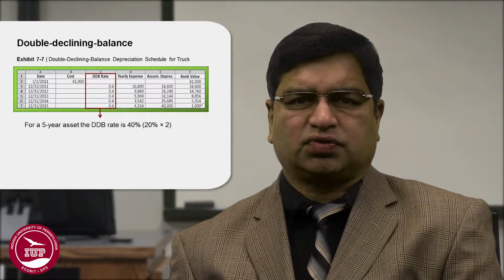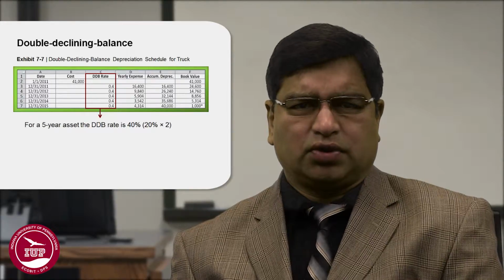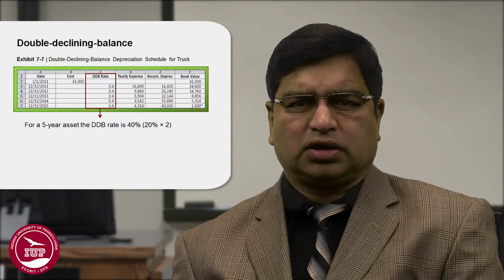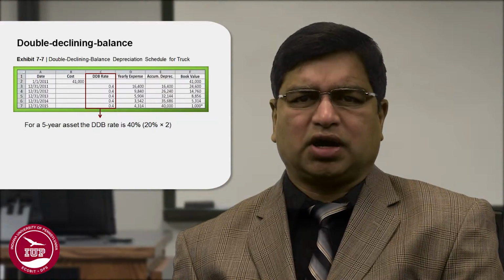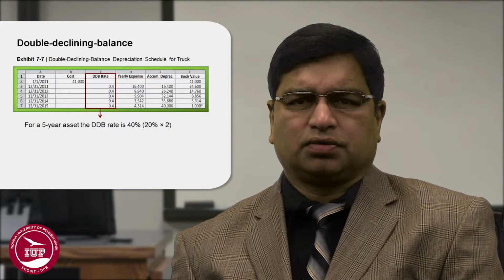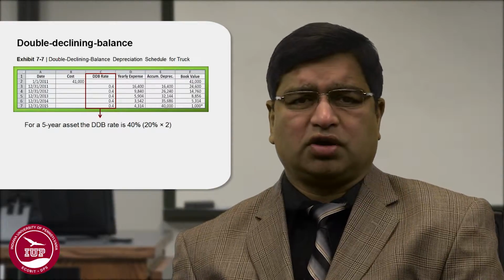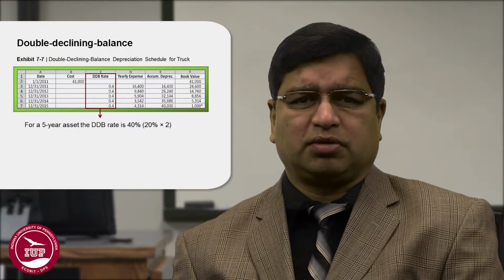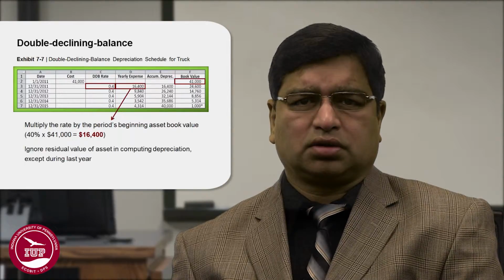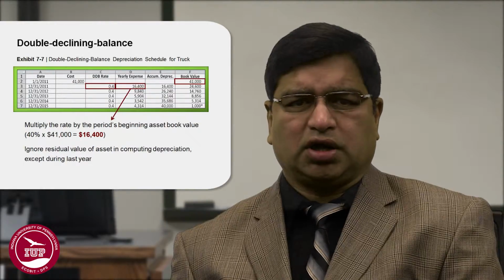Next year you charge 40% of 24,600, which will give you 9,840, and your accumulated depreciation account increases by that balance. Then in the next year again, you take the book value at the end of the previous year, multiply it by 40%, and once you do that, you can get the book value.